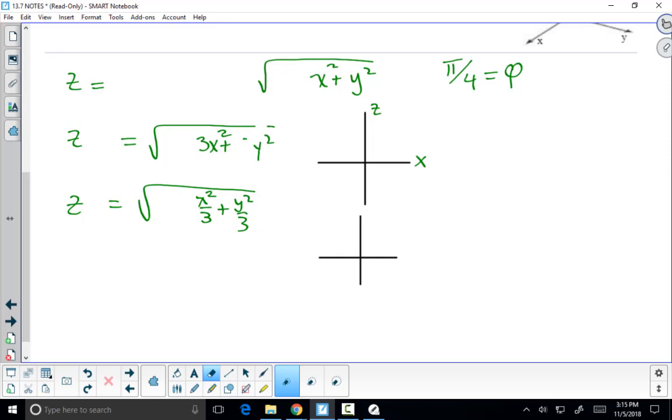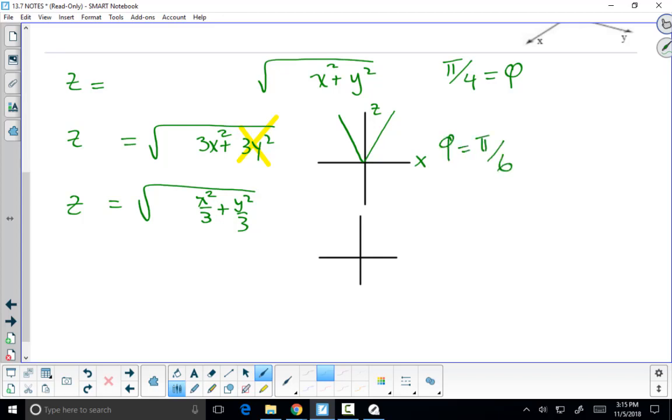Here, if you let y be 0, then you get z equals the square root of 3 times the absolute value of x. So you're going to get a steeper situation. And if the slope is square root of 3, this is going to be phi equals pi over 6.